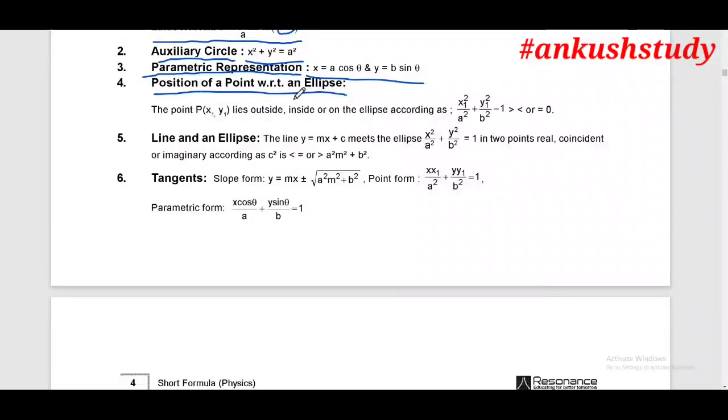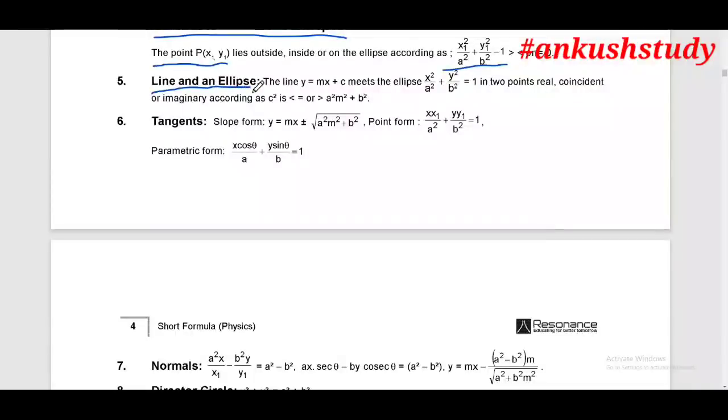Position of a point with respect to an ellipse: the point P(x1, y1) lies outside, inside, or on the ellipse according as x1 square upon a square plus y1 square upon b square minus 1 is greater than, less than, or equal to 0.